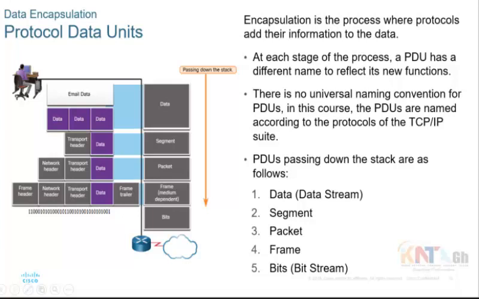Now, from layer 4 to layer 5, the segments are presented, and we call it data. So from layer 5 to layer 7, the data stream is data, and there are no more encapsulations until they are de-encapsulated in the receiving network. A better explanation will be done in a lab.